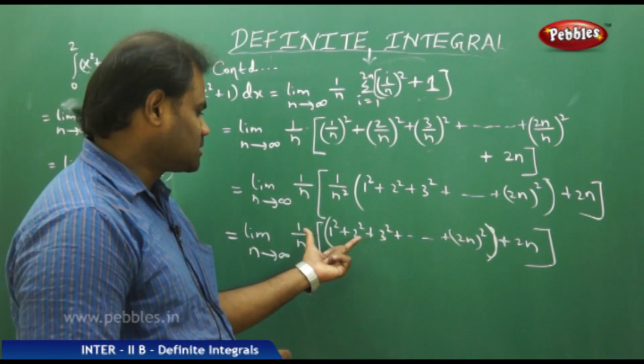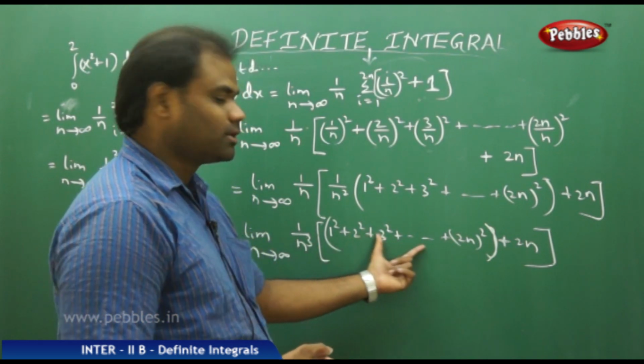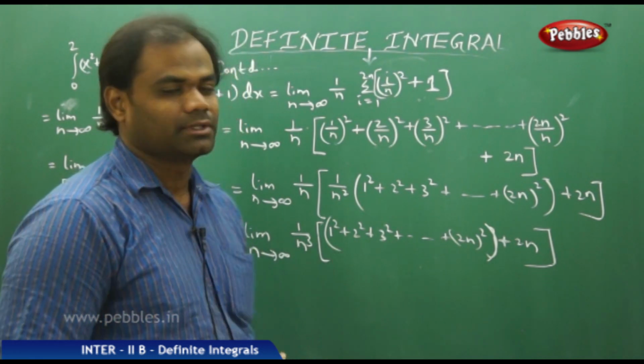Now as we know, this is clearly in the form of the sum of squares of integers, and we have an exclusive formula for this, which we're going to substitute in this case.